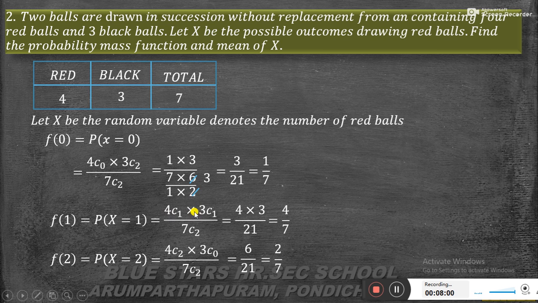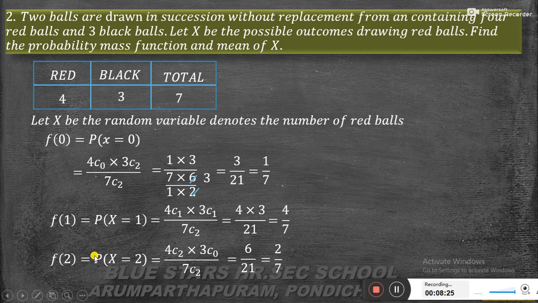So 4c1 into 3c1 by 7c2, that is 4 into 3 by 7 into 6 by 2 into 1, which is 21. So 3 and 21 cancel, 7 3s are 21, so 4 by 7. Next, f of 2.